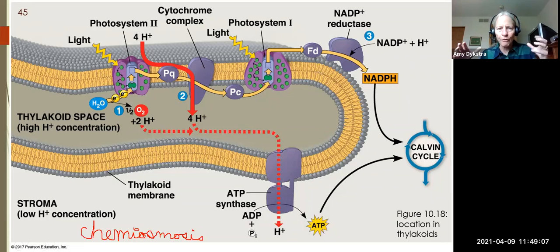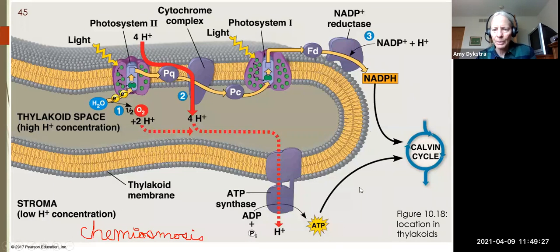So maybe it's helpful to take a step back and look at the big picture. Light energy is transferred to ATPs. That energy is also used to move electrons from water to NADPH.